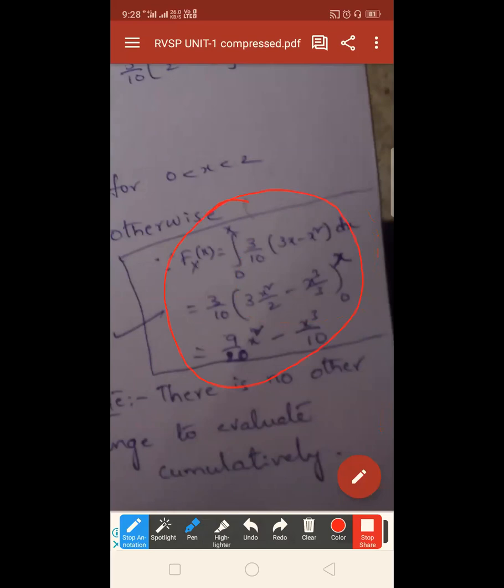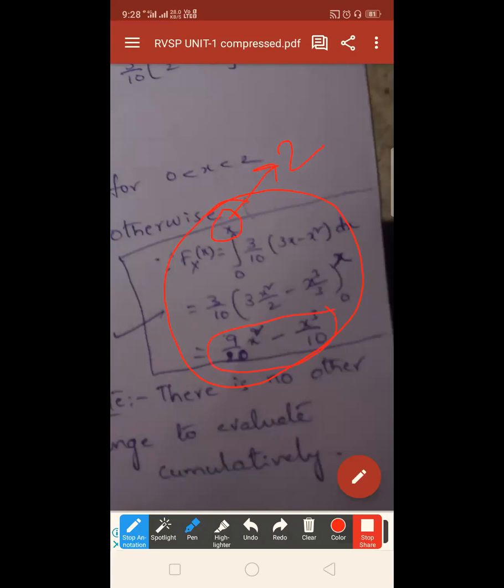Okay, capital Fx of x equal to integral 0 to x, 3 by 10 into 3x minus x square dx. Here we are writing the upper limit as x only, because if you write the upper limit as 2, then you will get the answer as a numerical value instead of this.